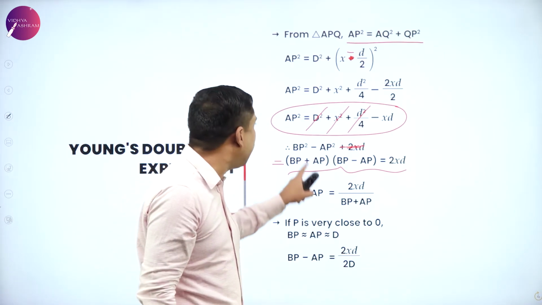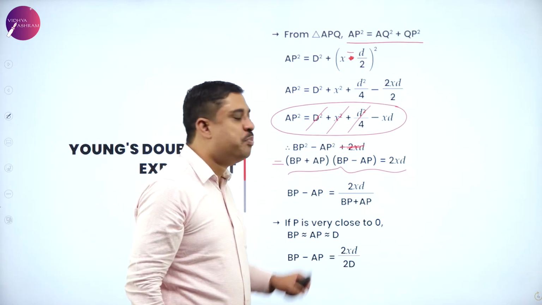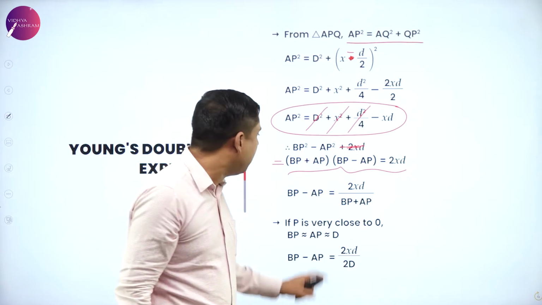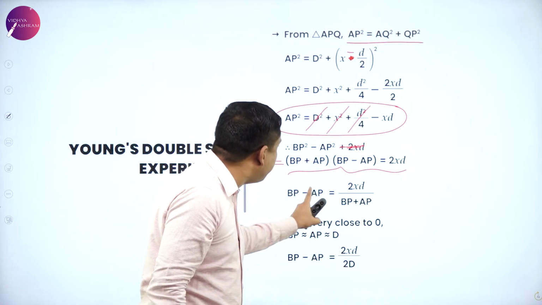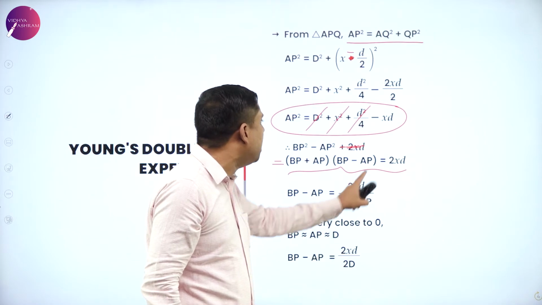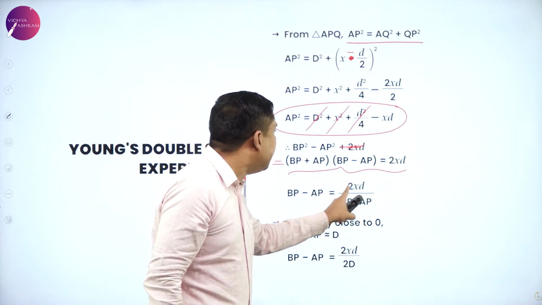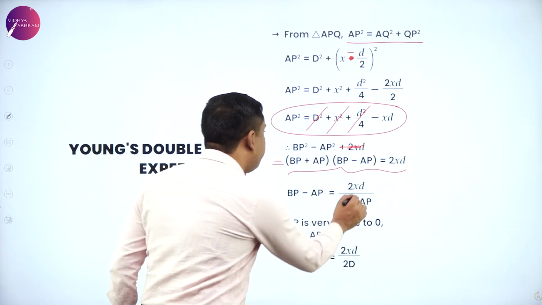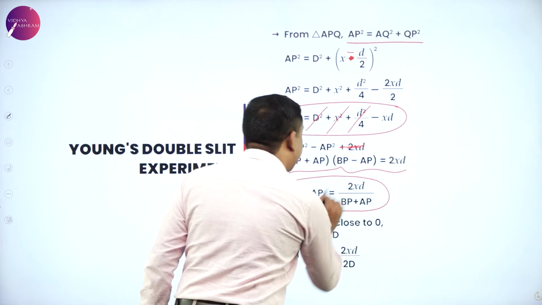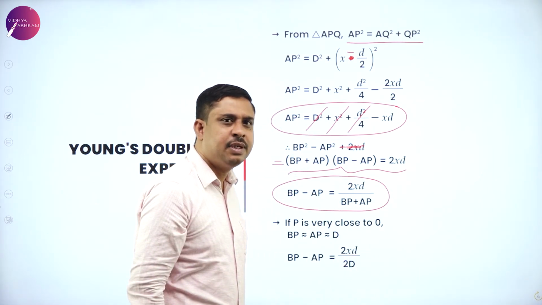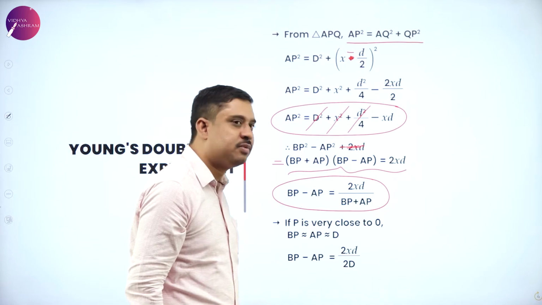So (BP plus AP) into (BP minus AP) is 2Xd. How did I get that? a square minus b square. So BP minus AP will be 2Xd divided by (BP plus AP). Rearrange this.